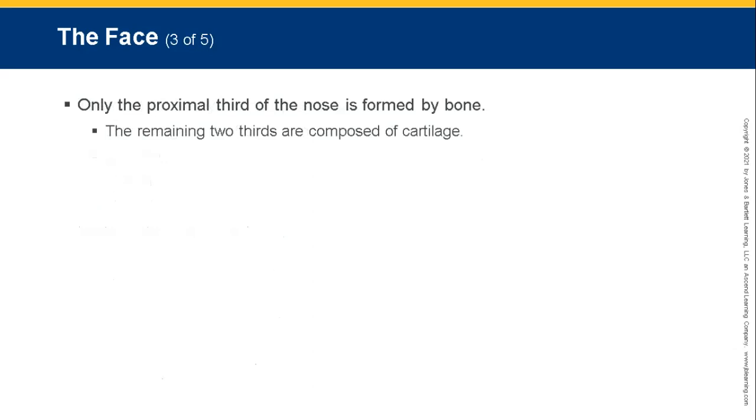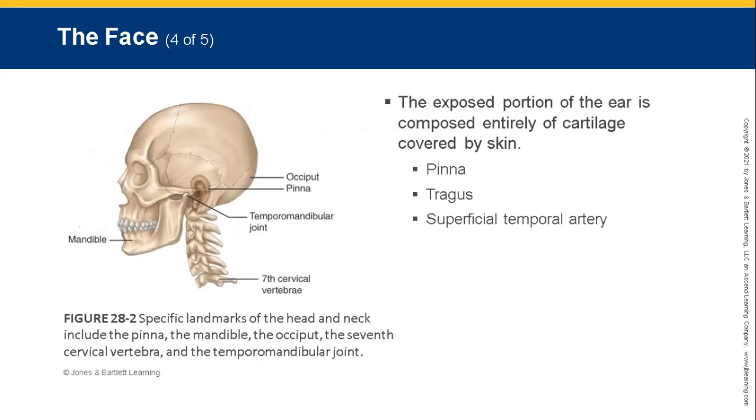Only the proximal third of the nose is formed by bone. The remaining 2/3 of the nose is composed of cartilage. The exposed portion of the ear is composed entirely of cartilage covered by skin. I have the pinna, the tragus, and the superficial temporal artery.